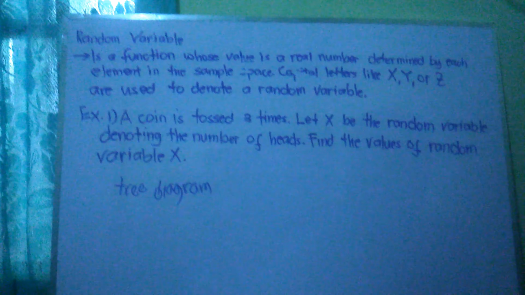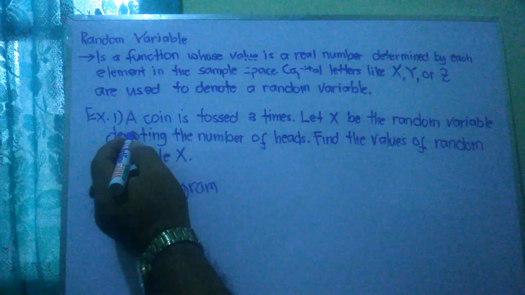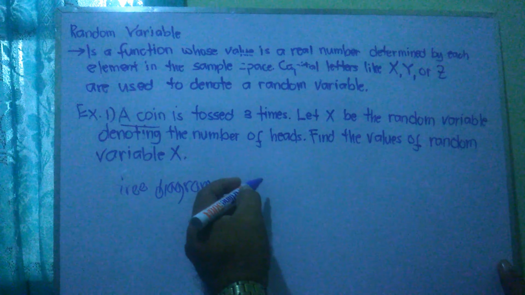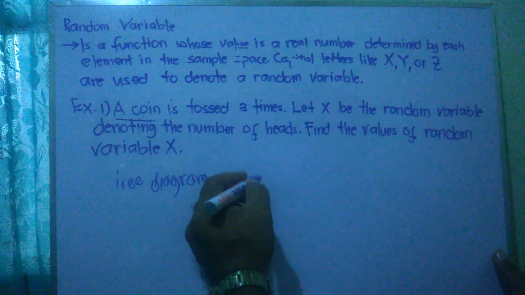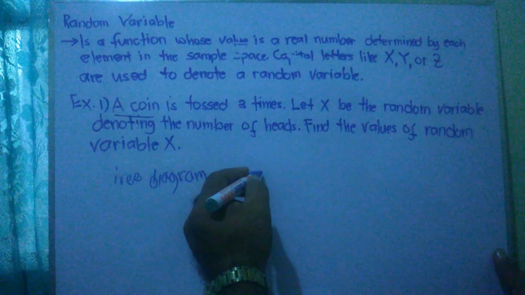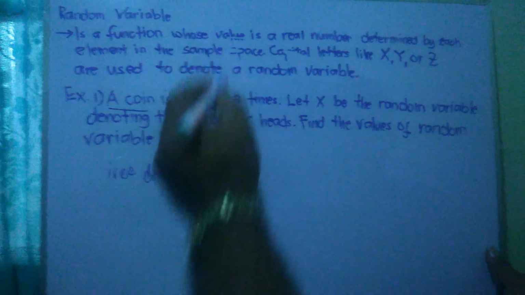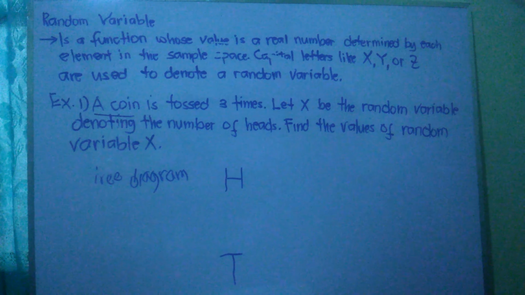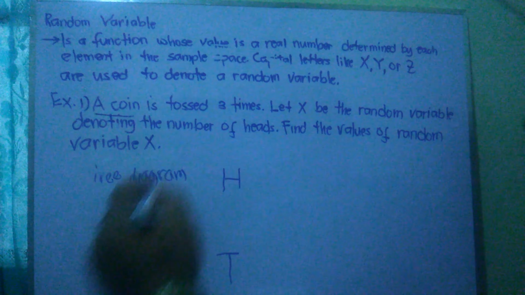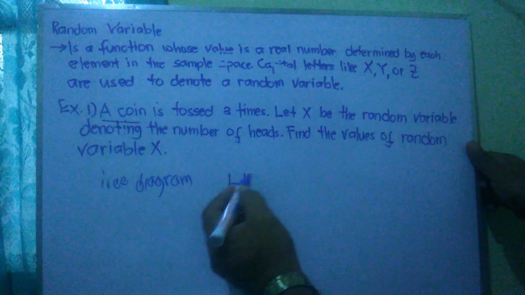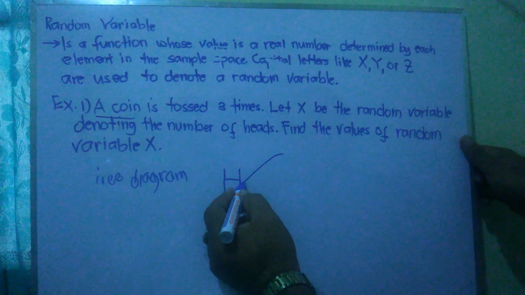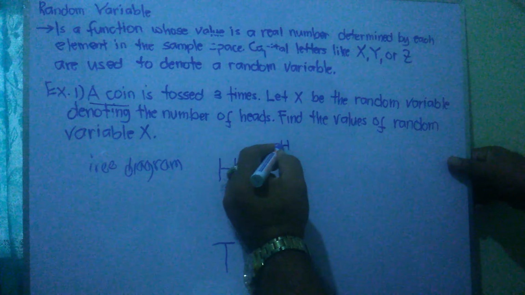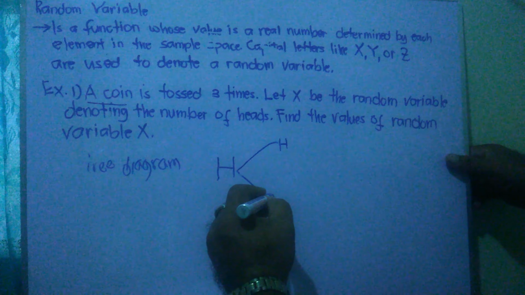In a tree diagram, since a coin is tossed three times, the first toss has possible outcomes of head or tail. Then the second toss, the possible outcomes are the same, head or tail.